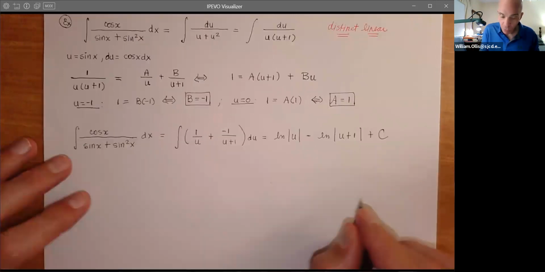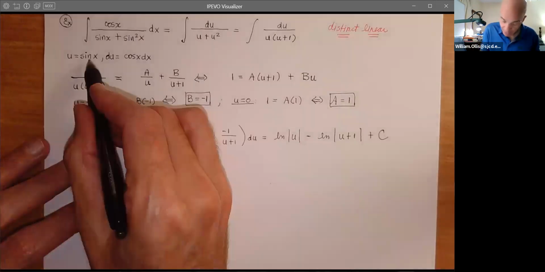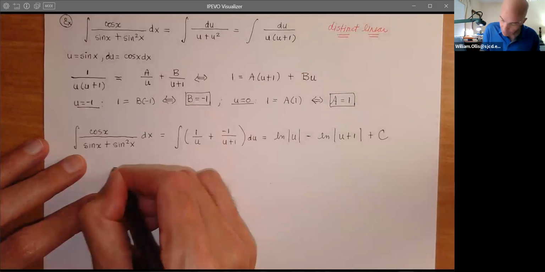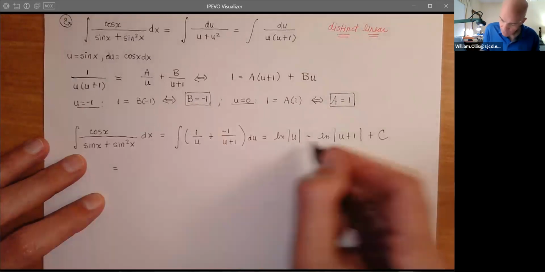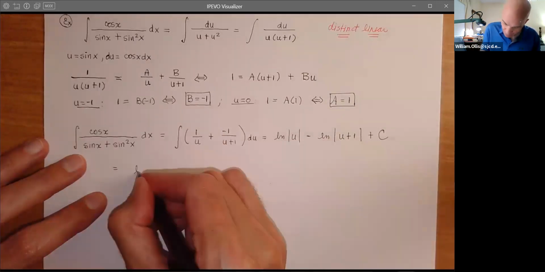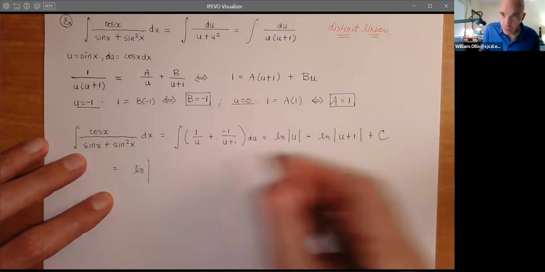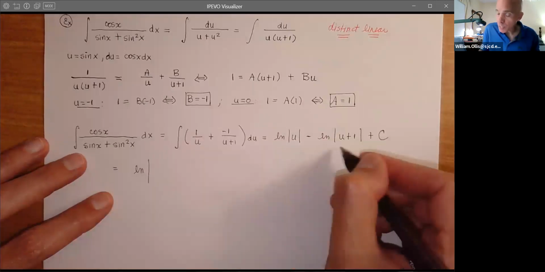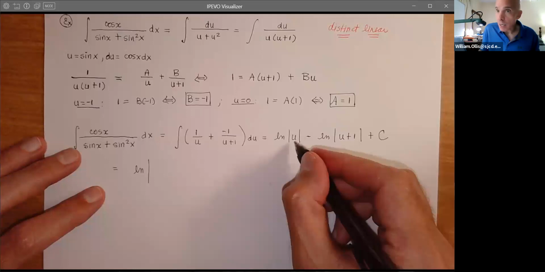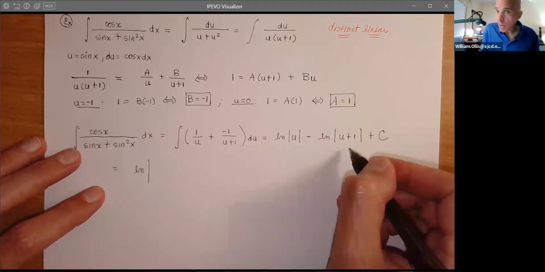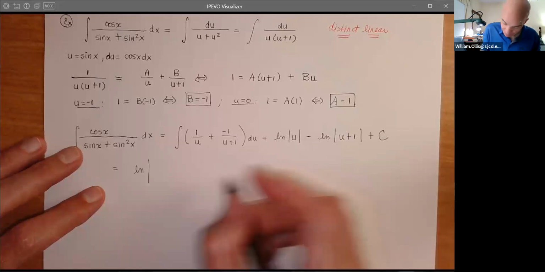And so now we just replace the u with the sine x. So if you want, go ahead and combine with the difference rule. What is it? The difference of two logs is the log of a quotient.